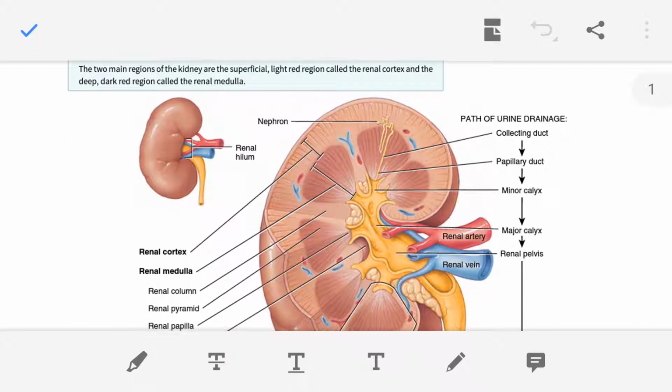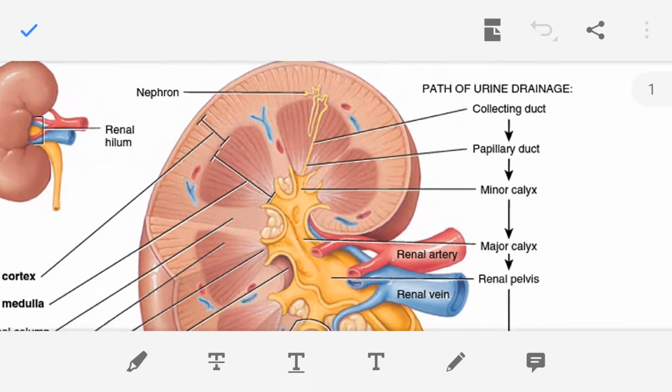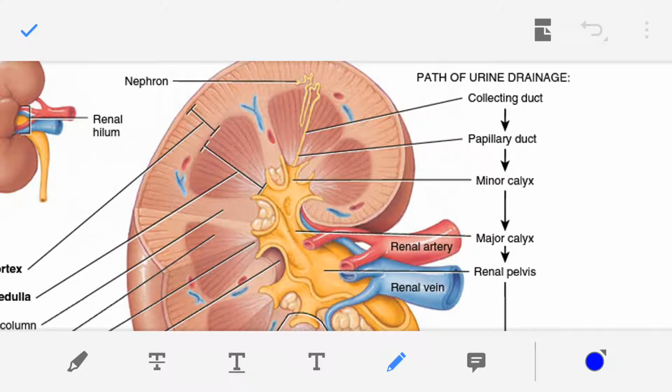In the figure, you see this. For example, over here, one nephron is shown, collecting duct of this nephron.